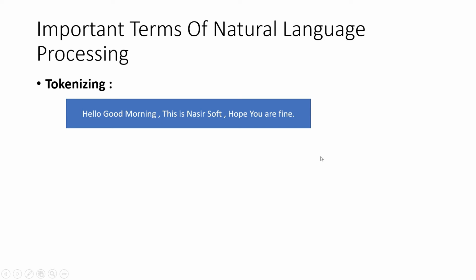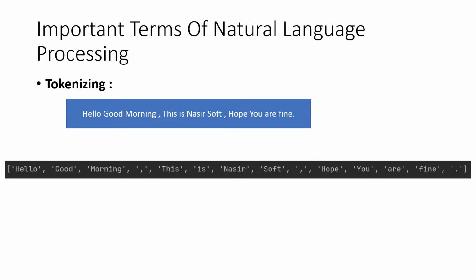If we apply word tokenizing here, it will separate each word and consider it a token. For example, hello is a one-word token, then good, then morning is another token, the comma is the next token, and then this is Nasir Soft and so on. So it separates each word, and this is word tokenizing.